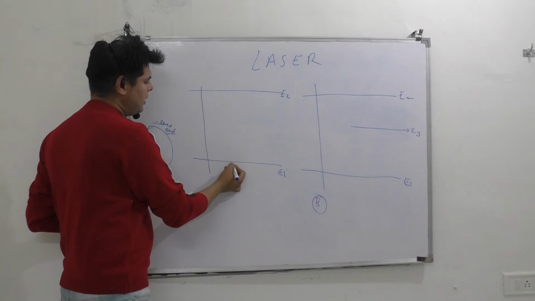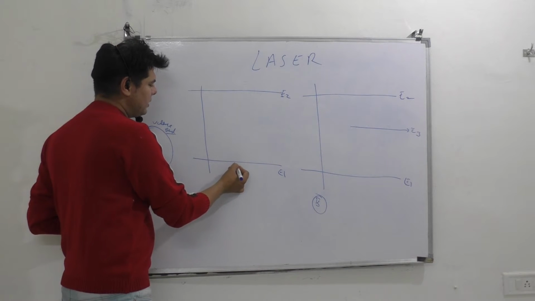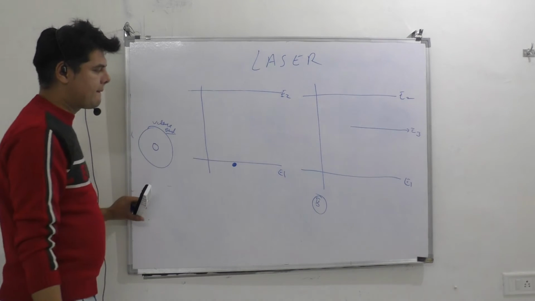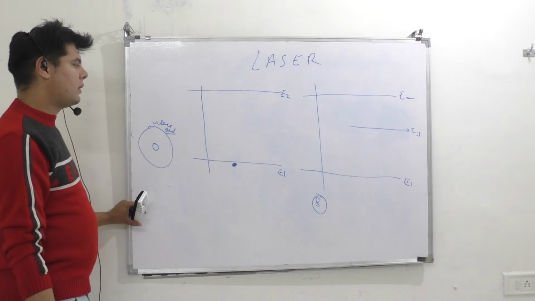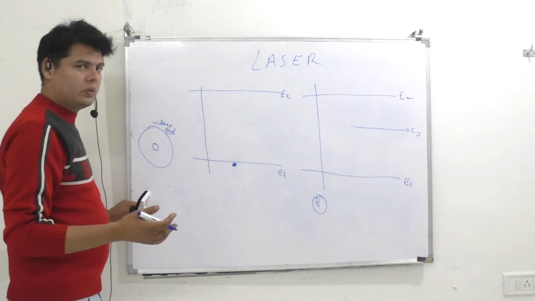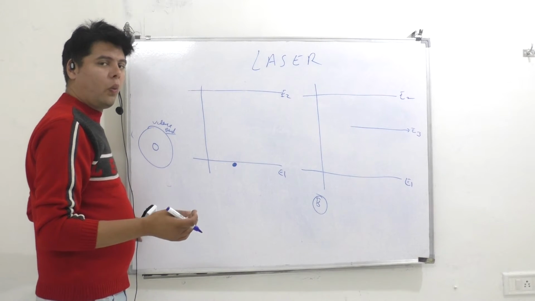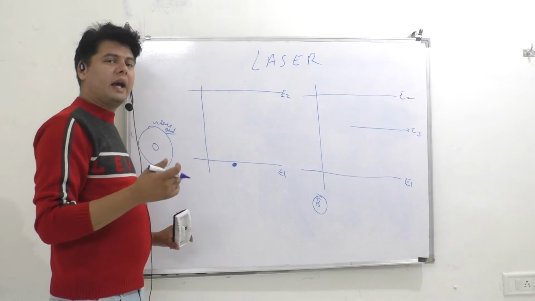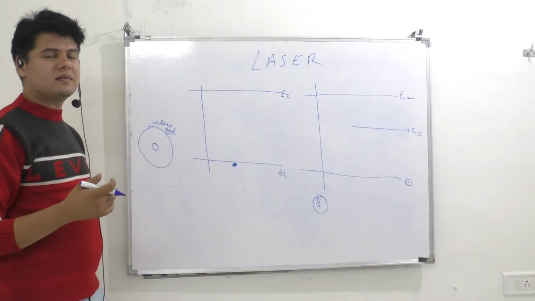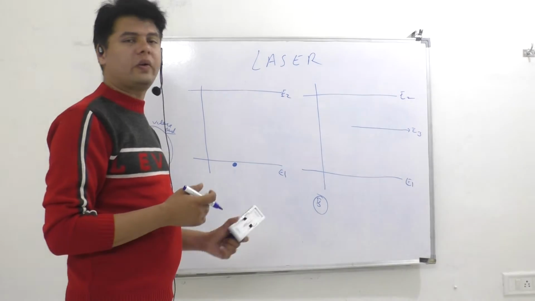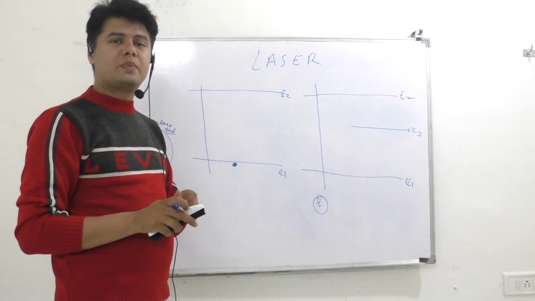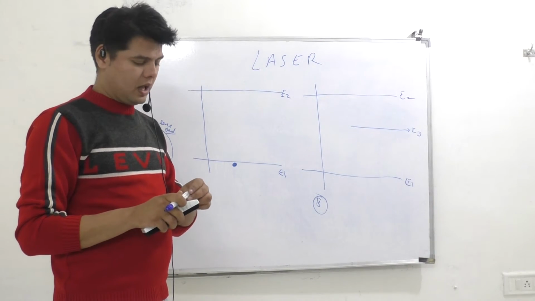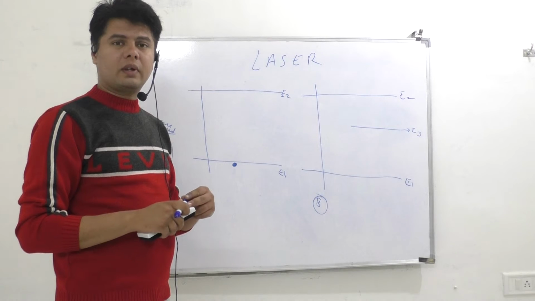Suppose my electron is in the ground state E1. As we all know, whenever some external energy is applied on this electron, which is at the valence band, it absorbs part of the energy and gets excited.